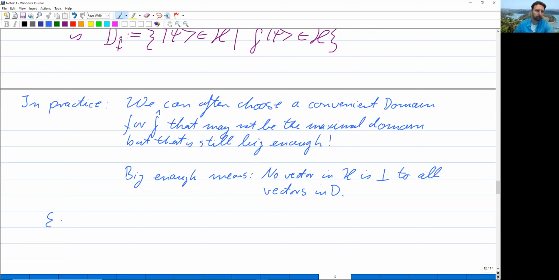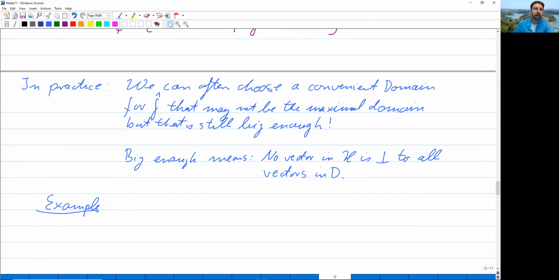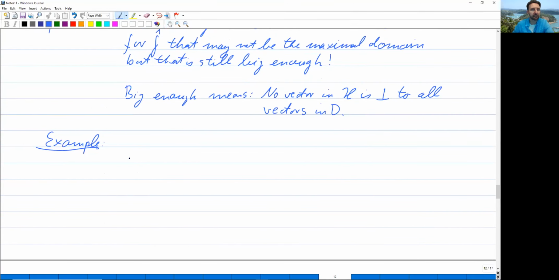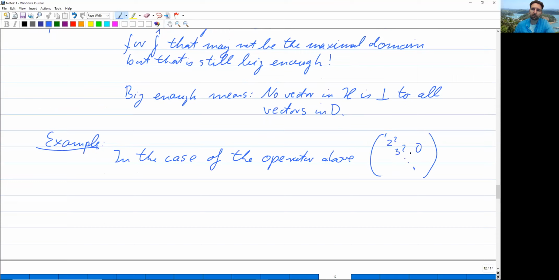Example. In the above case, where we have this matrix with the Basel problem that Euler solved and all of that, in the case of the operator above, remember its matrix representation was 1, 2 squared, 3 squared, and so on, and zeros elsewhere.